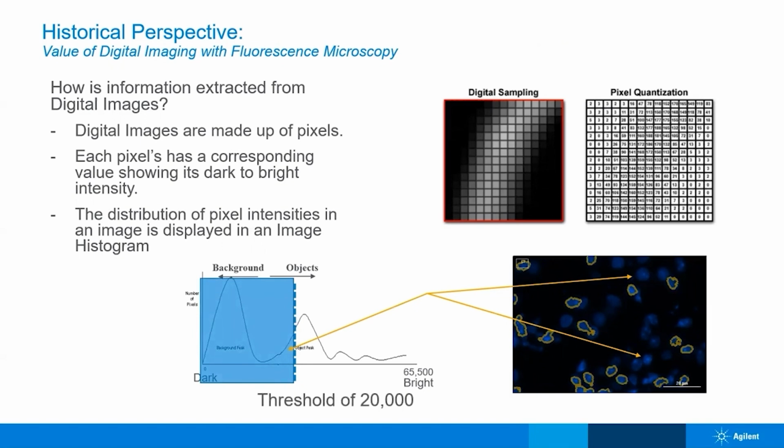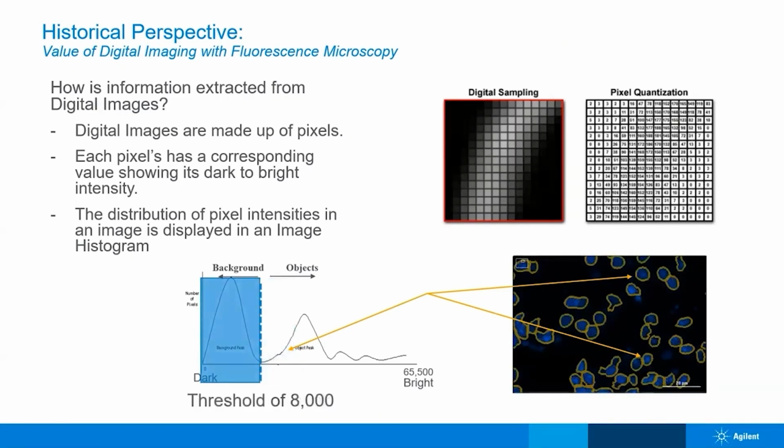If we applied a threshold here at a 20,000 intensity value for this image, it would start to separate these cells, but some of those cells are not actually identified, as you can see with these arrows, because they have intensities in this peak below the threshold. If we then reduce the threshold from 20,000 to 8,000, these are actually identifying the cells in this image correctly.